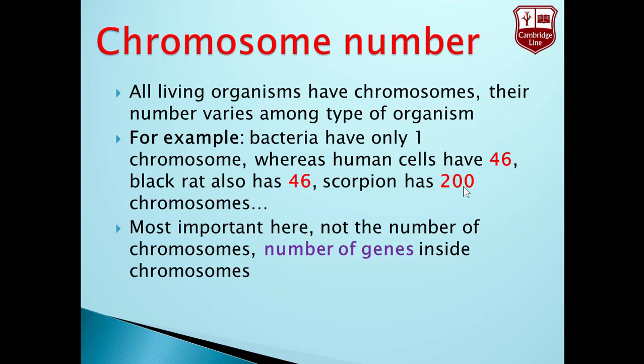The important thing is not the number of chromosomes. Most important here is the number of genes inside the chromosomes. For example, the 200 chromosomes of scorpions may be empty, but some of them may include genes.